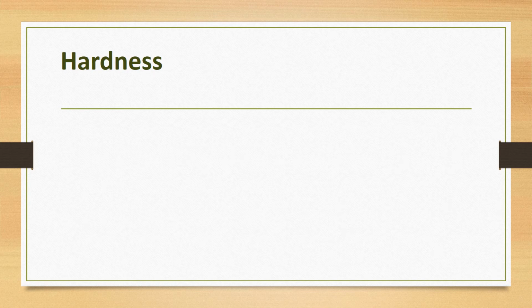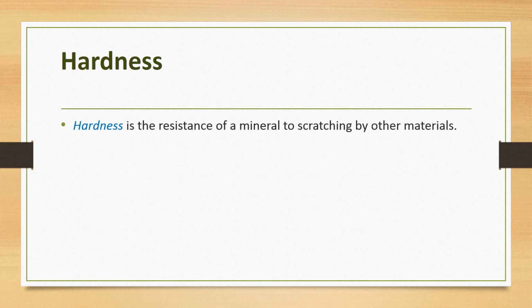Hardness is just the resistance of the mineral to scratching by other materials. We have a very famous scale called the Mohs scale that gives you the hardness scale, starting from talc, which takes number 1, then gypsum, calcite, fluorite, apatite, orthoclase, quartz, topaz, corundum, and finally the hardest mineral is diamond.